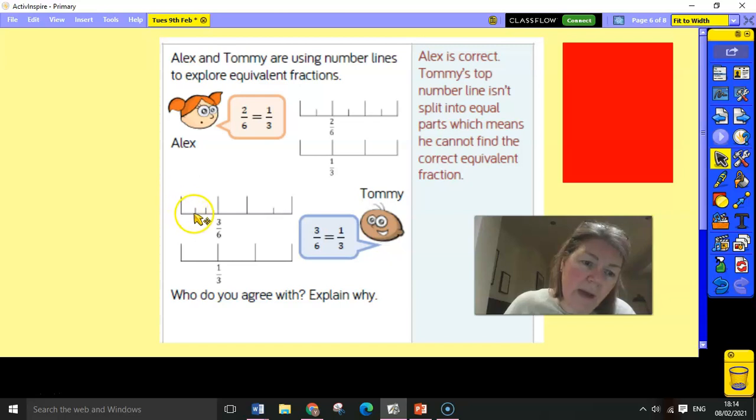So what should have happened is that should be 1, 2, 3, 4, 5, 6. So he hasn't split his number line up correctly, which means he can't find correct equivalent fractions, because if his parts aren't equal, he's not going to be able to do that.